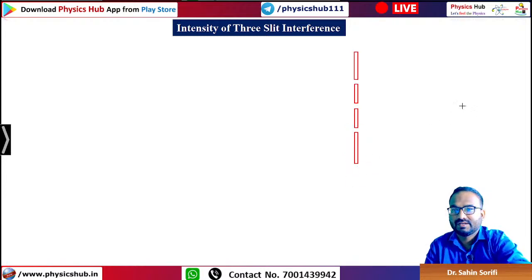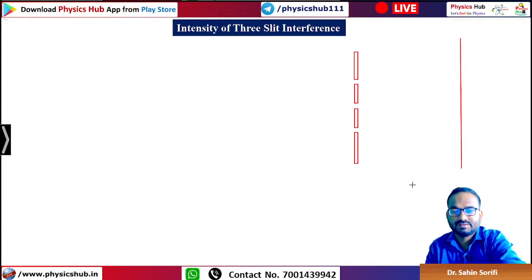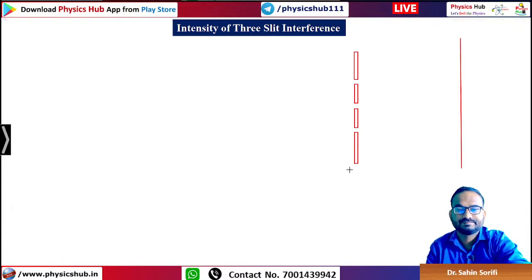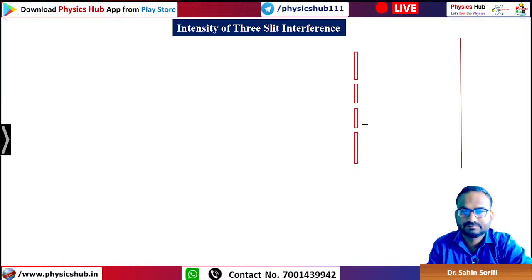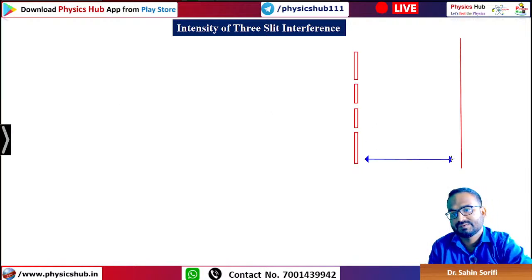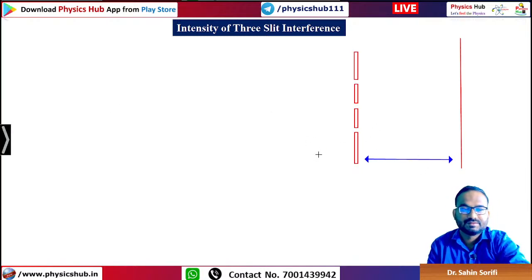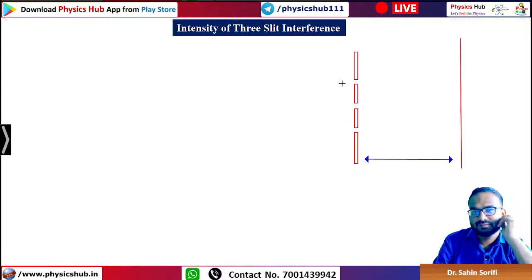And as usual, we have a screen placed at a distance D. The separation between consecutive slits is d.